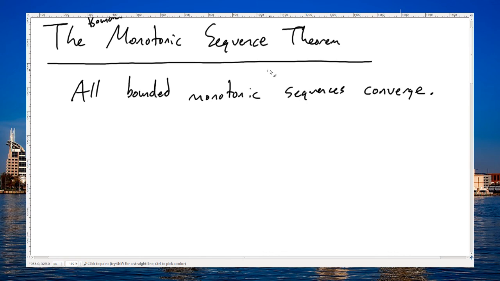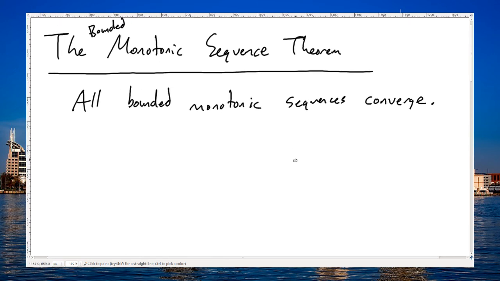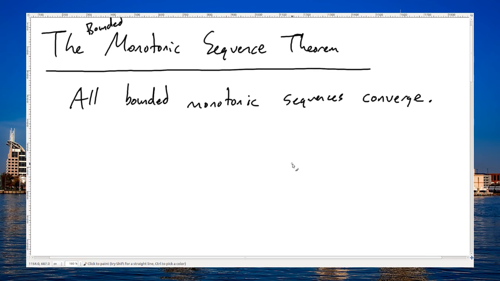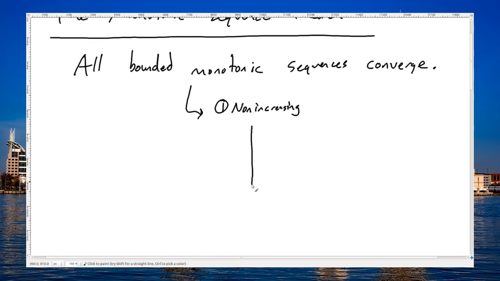And the proof would require a rigorous notion of convergence, but I'd rather just draw the picture showing why that happens. Now remember, monotonic sequences come in two flavors. Either they're non-increasing, and the picture of that would be, now it's bounded and monotonic and non-increasing.